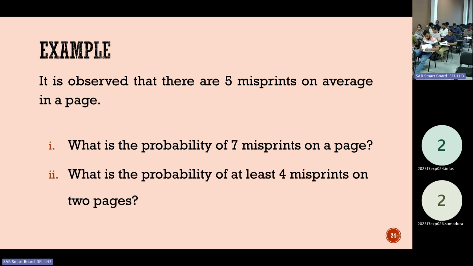It is observed that there are 2 misprints on average in a page. What is the probability of 7 misprints on a page? What is the probability of at least 4 misprints on 2 pages?